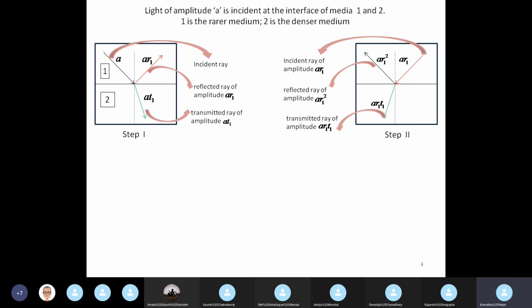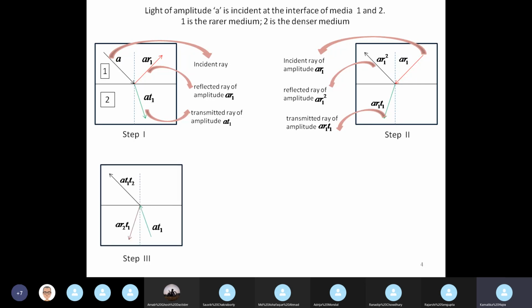Is this clear to everybody? Have you understood how we have got these amplitudes AR1 squared and AR1T1? Okay, yes, ma'am.